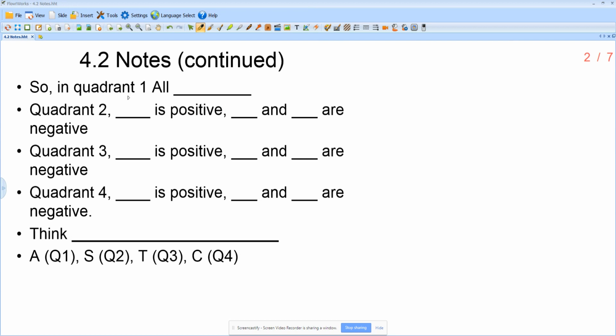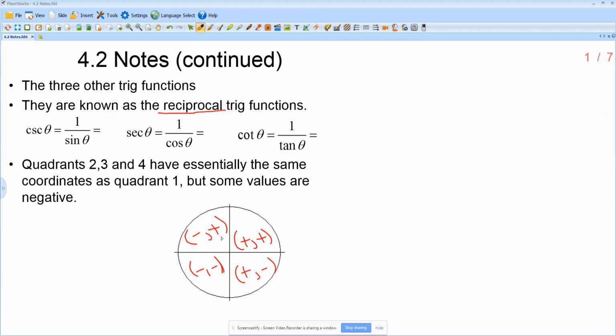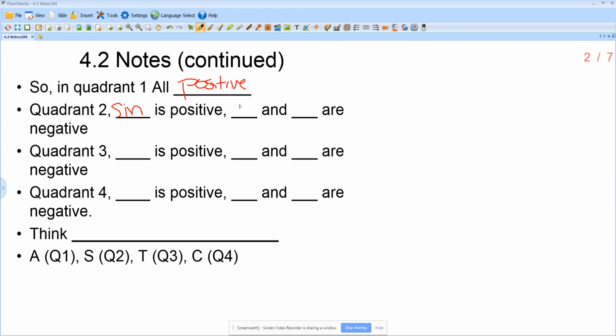So looking at this, in quadrant 1, all things are positive. In quadrant 2, sine is positive because sine represents our y values, and in quadrant 2, y is positive. Cosine and tangent are negative.